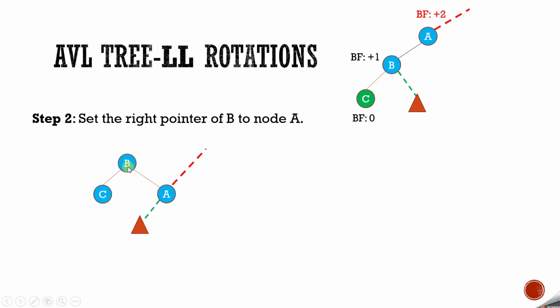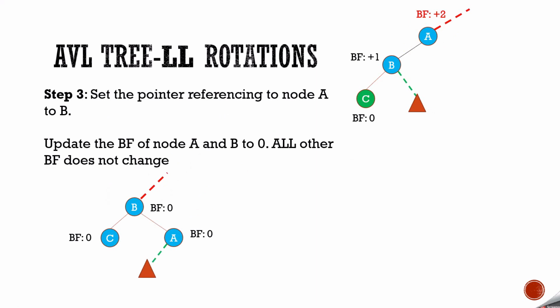Now B will start pointing to node A, that means the actual node where the balancing factor is +2. So this is step 2.